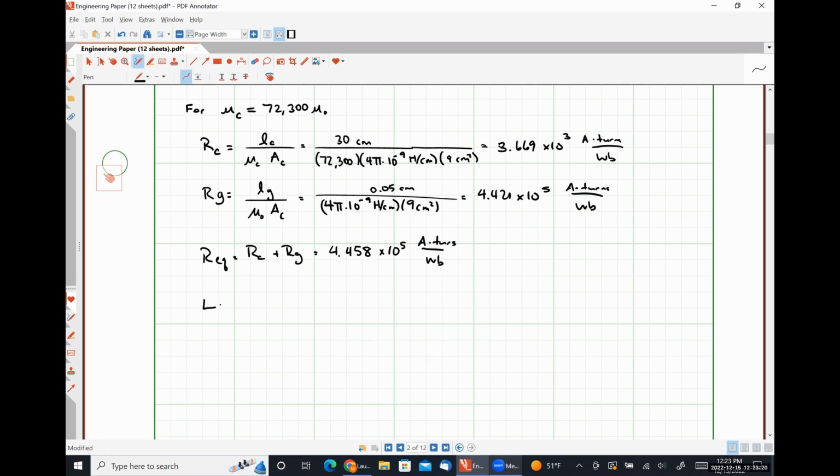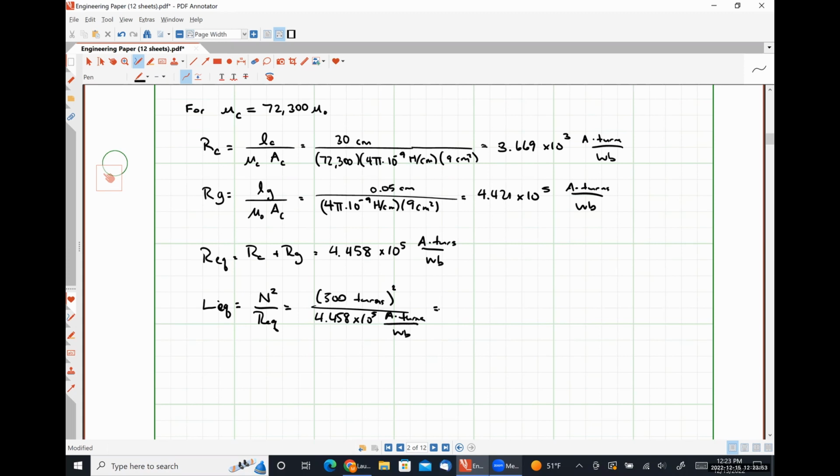And finally, our equivalent inductance, LEQ, is going to be N squared over REQ, or 500 turns quantity squared divided by 4.458 times 10 to the 5 amp turns per Weber.